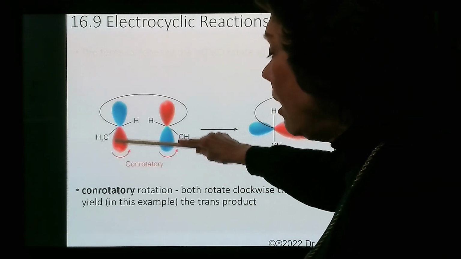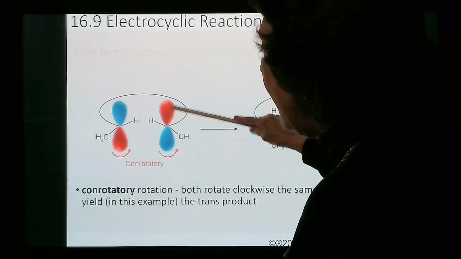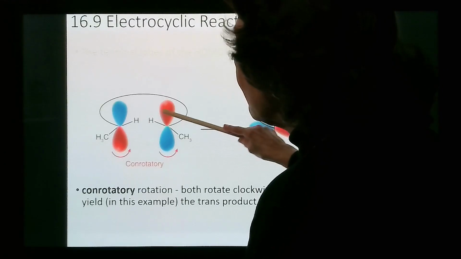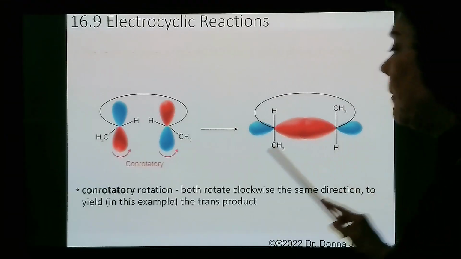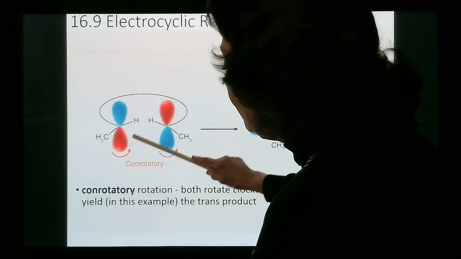You can tell because one of the terminal lobes is on the bottom. Now one of the terminal lobes is on the top. And so in order to have the rotation take place so that these two overlap and form the new sigma bond, this red lobe is going to have to move up.